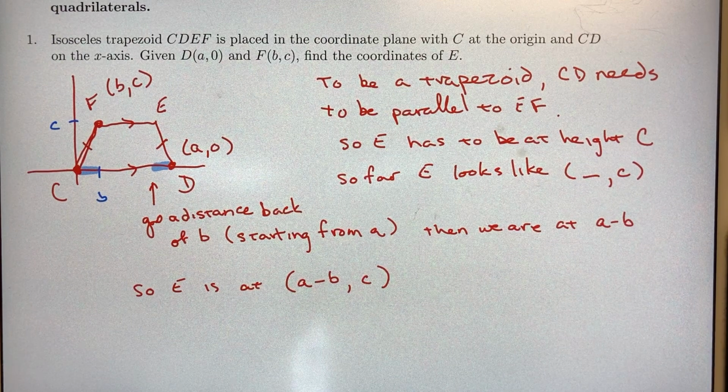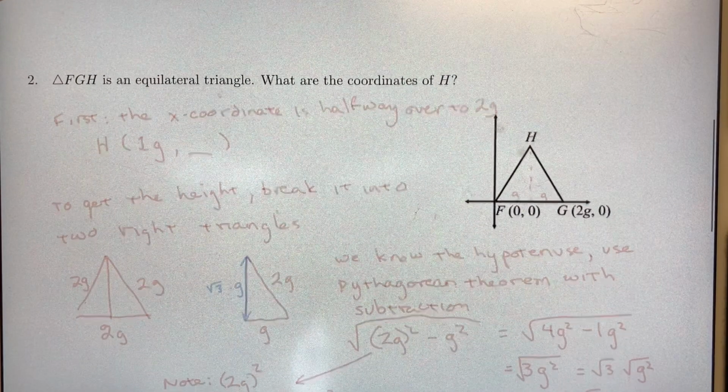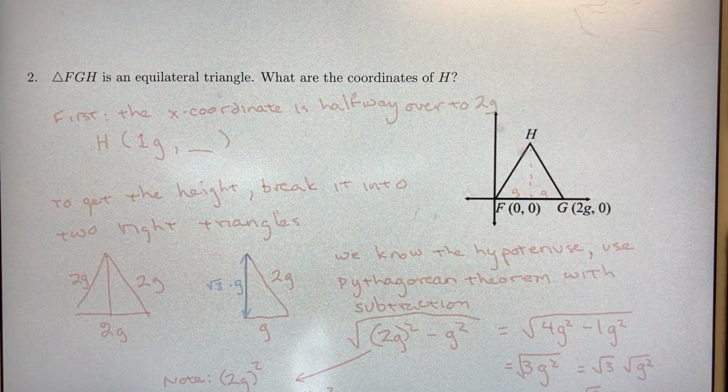All right, next one. FGH is an equilateral triangle. What are the coordinates of H? Well, isn't that unpleasant? Let's see. Can we figure out anything? Well, G is at 2G comma 0. So that means that you're going a grand total distance of 2G. So H is halfway through. H is at 1G comma something.